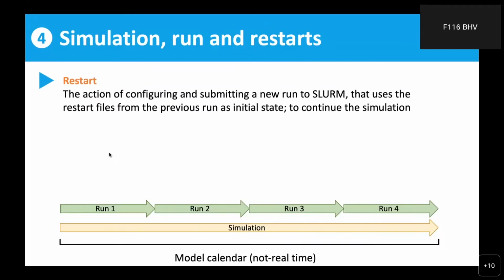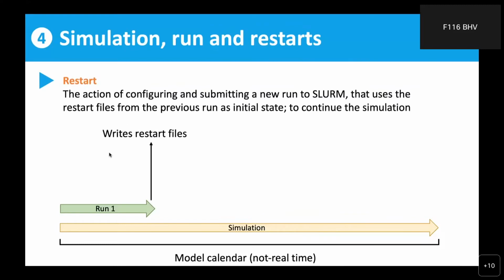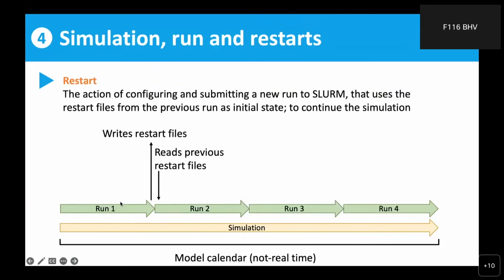At the end of these runs, the models typically write restarts, and the next run reads the restart. So the restart is the action of configuring and submitting a new run to Slurm, using the state at the end of the previous run.